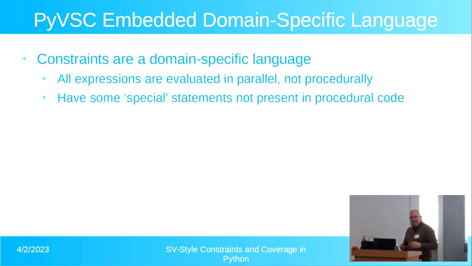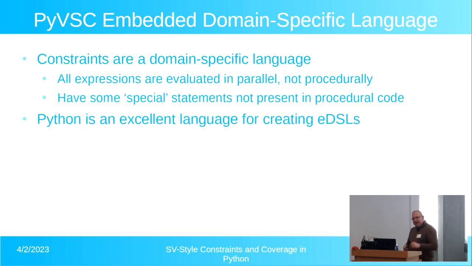There are some special statements that you don't see in regular programming languages, and that's what makes this a domain-specific language. The semantics and constructs are very specific to the domain that you're working in. The fact is, Python is a really nice base language in which to build what I call embedded domain-specific languages, in other words, building those specific languages directly inside Python.